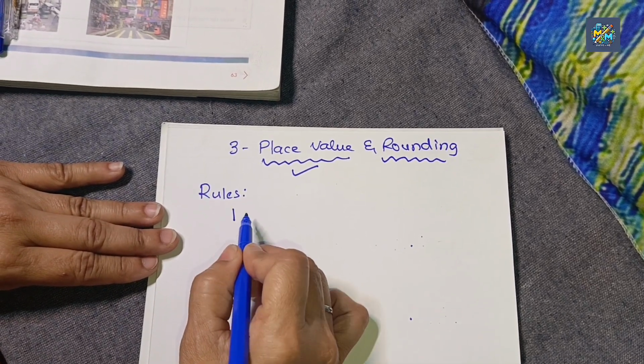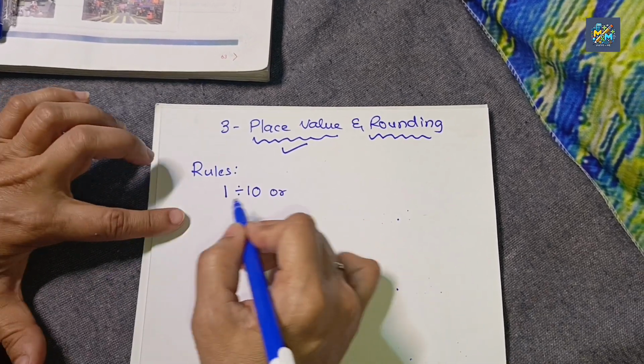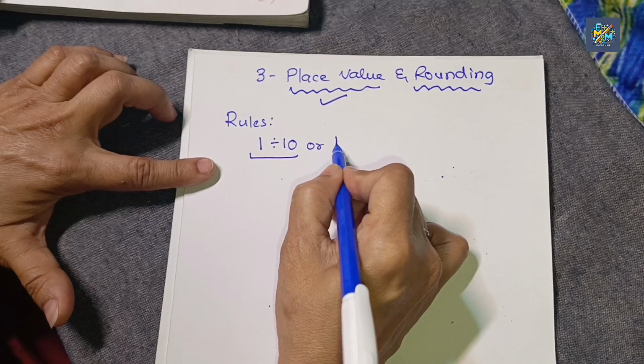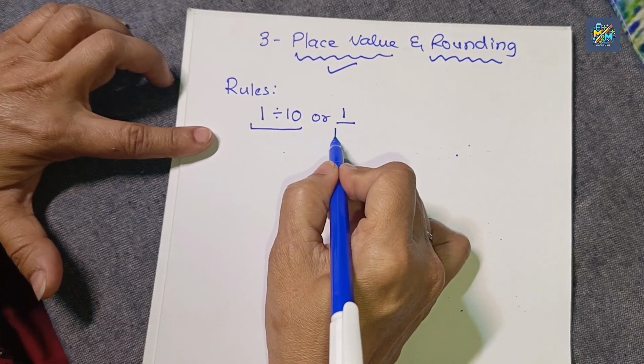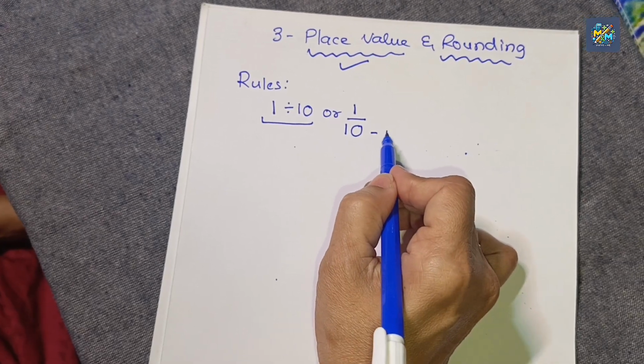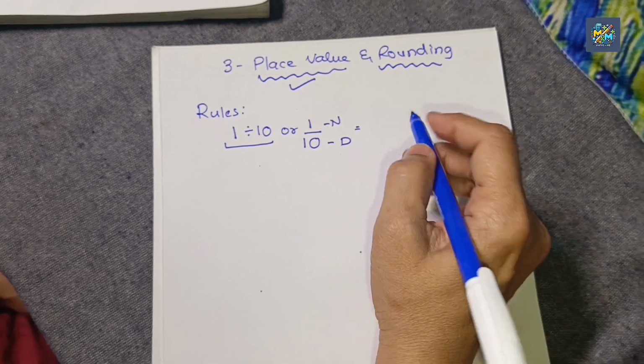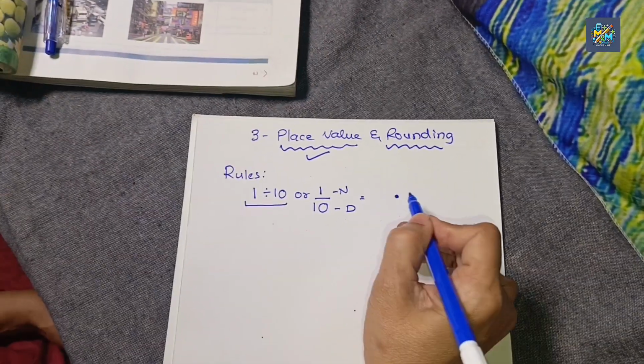If I say 1 divided by 10, I can write it this way or I can write it as 1 upon 10. Obviously, when the denominator is bigger than the numerator, there is always a decimal place.